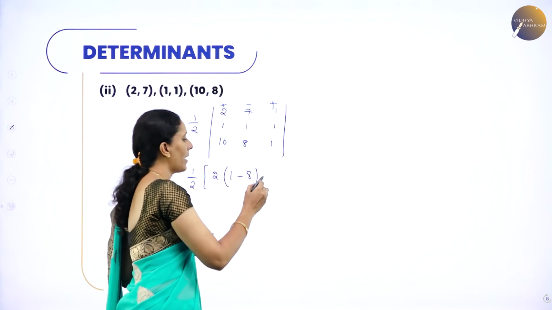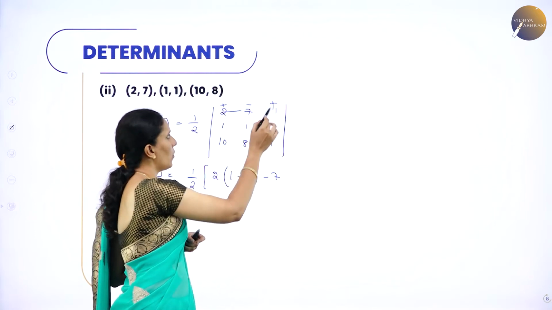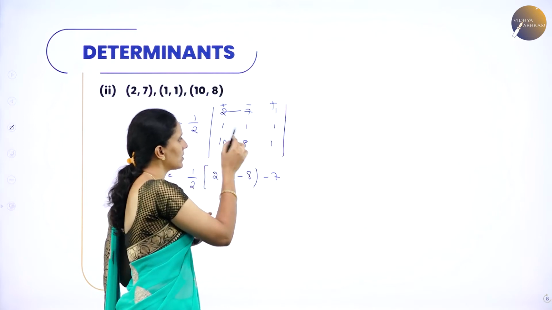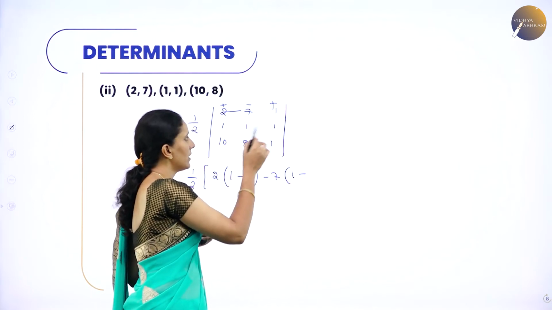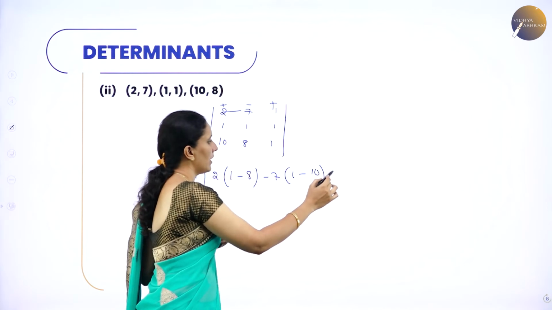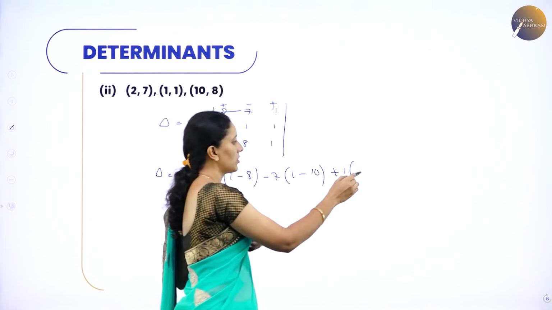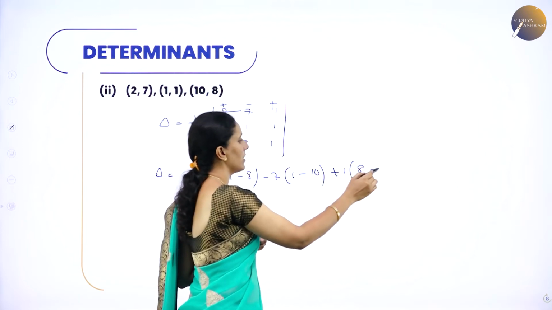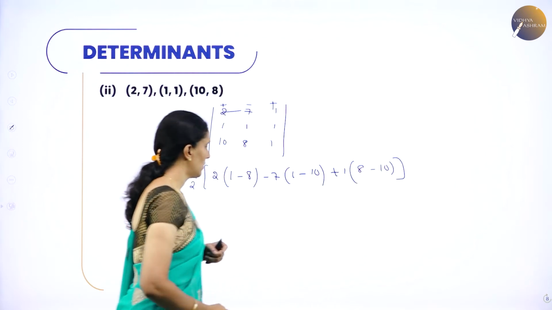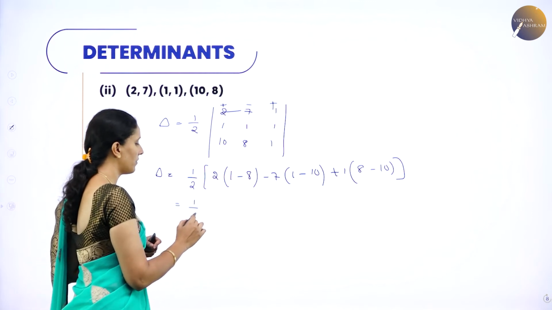Next, it is minus 7. So, delete the row and column containing 7. Then it is 1 ones are 1 minus 10 ones are 10. Next is plus 1. So, 1 means 1 eight is 8 minus 10 ones are 10. So, now we have here half.